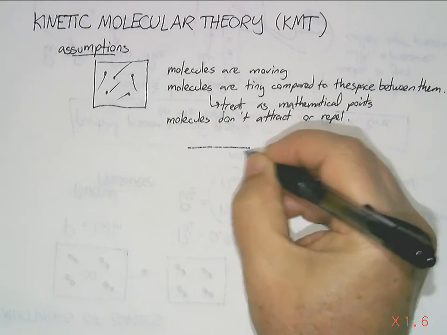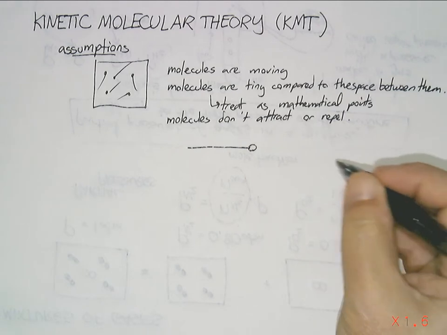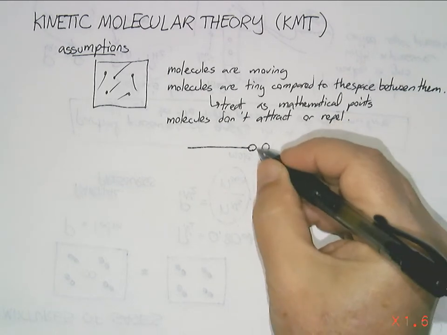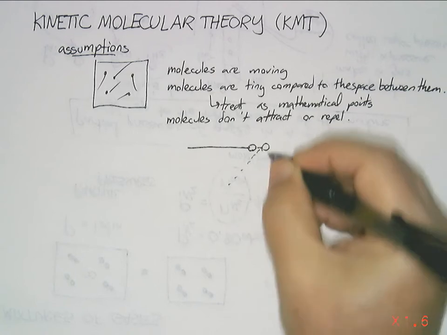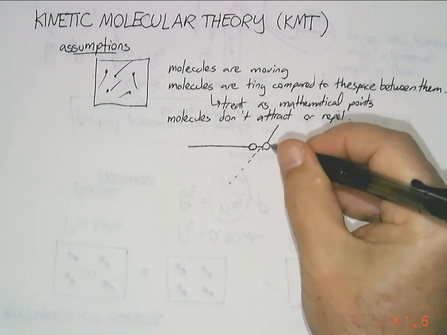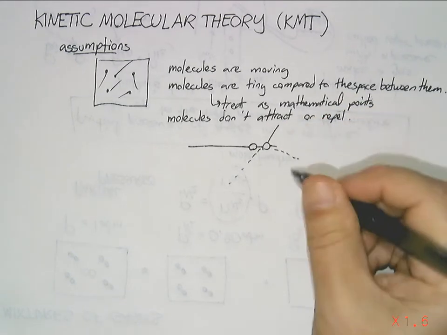So here's a gas molecule moving along a line. If it hits another gas molecule, it's probably going to ricochet off of it. And this gas molecule might have been moving, so it ricochets in another direction.